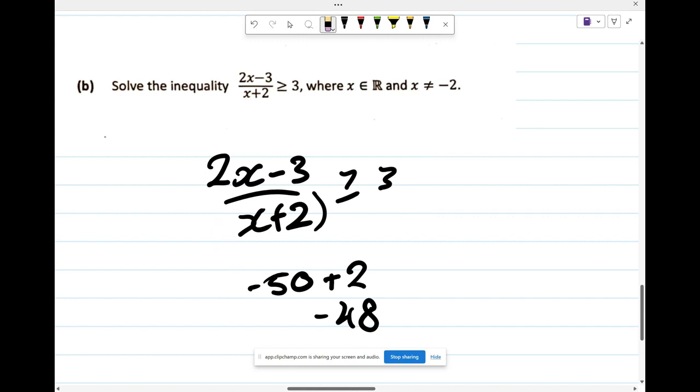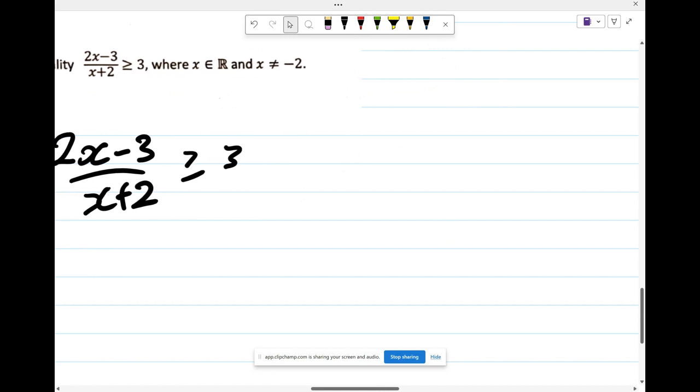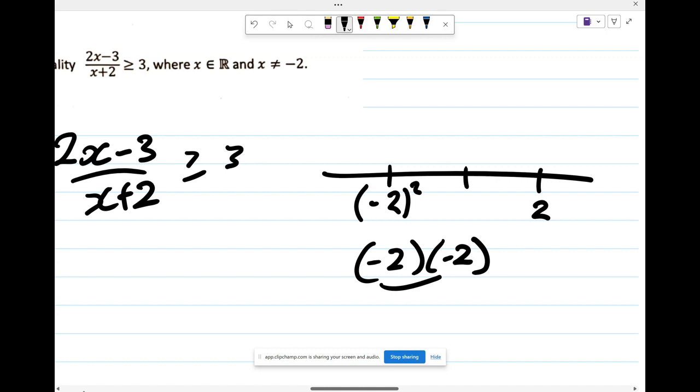So to get around this, if we multiply both sides by something we definitely know is positive, then we don't have to swap this inequality sign. And how you can make something definitely positive is if you square it. If we had minus 2 here and we squared it, that would just be plus 4, because it's minus 2 times minus 2, and a minus times a minus is a positive. So it's definitely greater than 0.